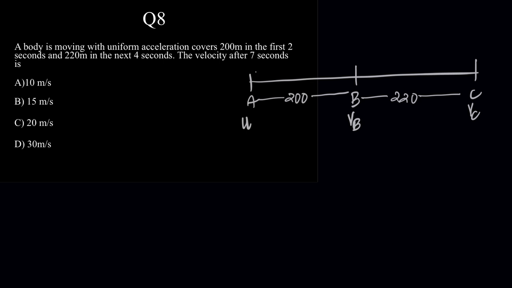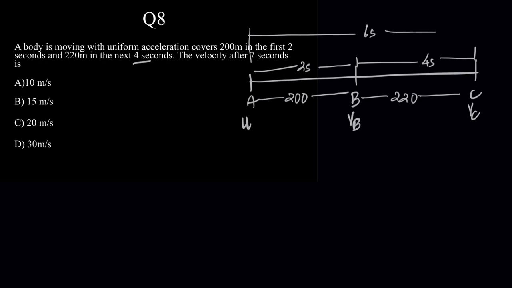The time for the first travel is 2 seconds, and time for the rest is 4 seconds. So the total time taken for this travel is 6 seconds. Right, so now let's start solving the question.